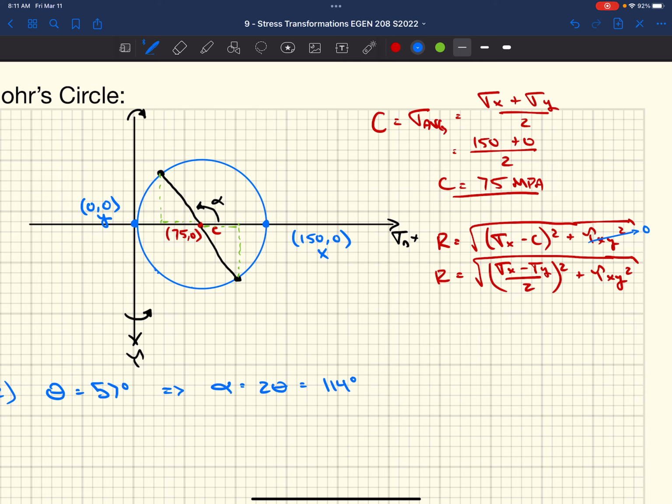So what does that mean? Well, that means our shear stress is 0. We're on this x-axis.